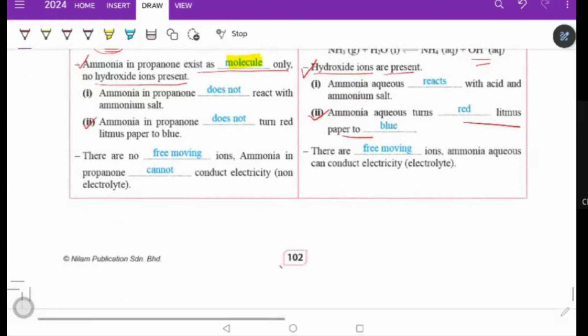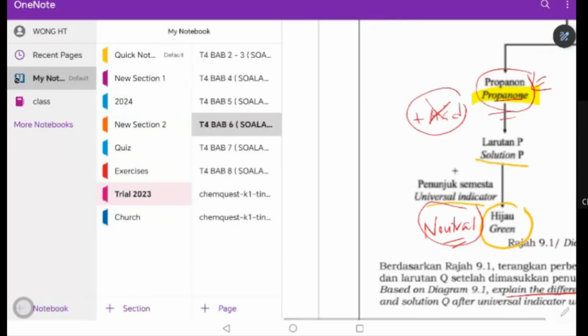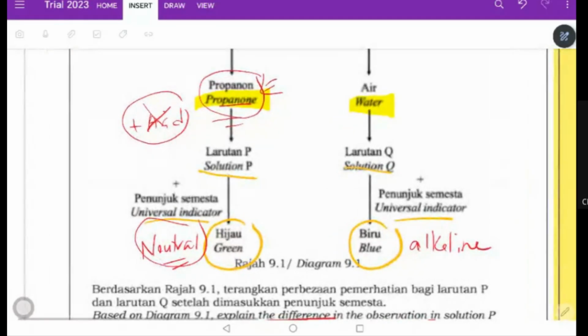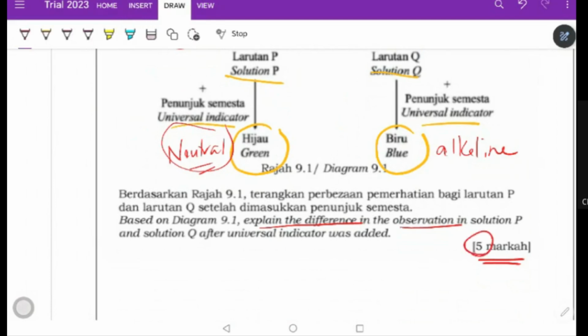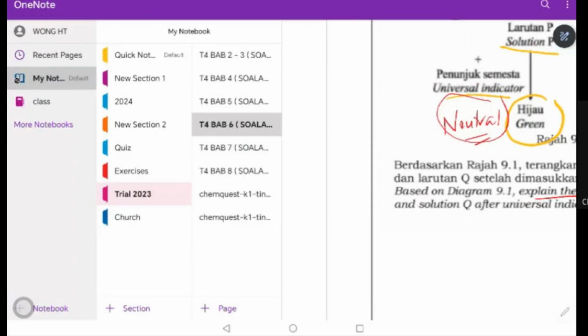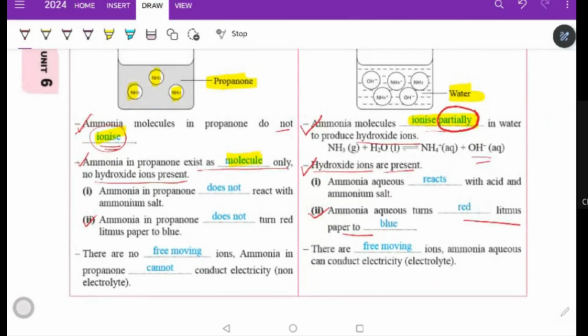So page 102, yes, correct. So always refer back to your notes if you want to explain, especially if you're still not very familiar with the answering techniques. So 5 marks. So here already got 6 points, right? Just now what we mentioned here. Okay, so you write these 3. But this one you change the red litmus paper to universal indicator. Okay, this one you have to change. Here got 6 points already. So confirm is enough to get 5 marks.